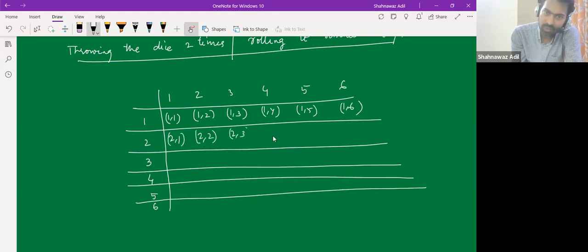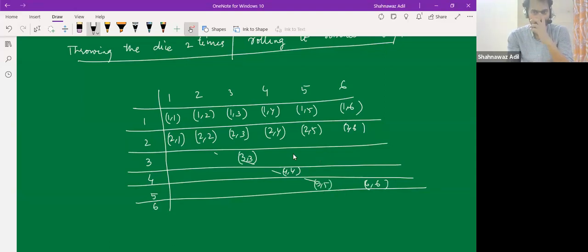Okay. So you guys practice this so that you can understand. And the last one would be 6, 6. So this is 3, 3. This is 4, 4. This is 5, 5, and then this is 6, 6. So these are the outcomes for throwing the dice.